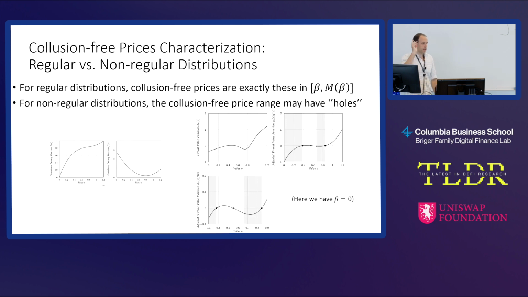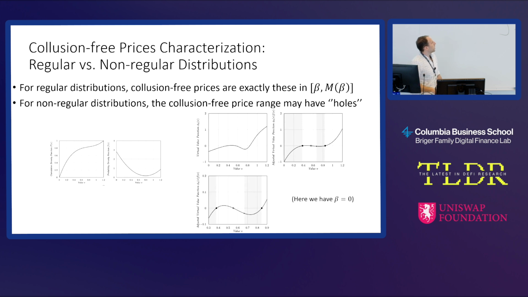So the characterization is going to be that for regular distributions in the Myerson sense, the mechanisms that are collusion-free, user and miner incentive compatible, are exactly posted prices that are between some constant burn that we decide on and the monopolist price for this burn.